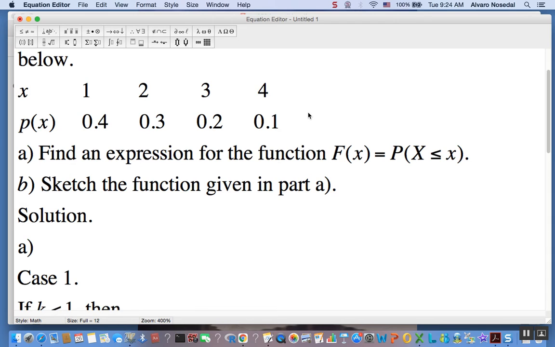It's 1. You guys agree? Because we know that the highest this can be is 4. So the probability of rolling something that is less than or equal to 6, for instance, that happens for sure, right?